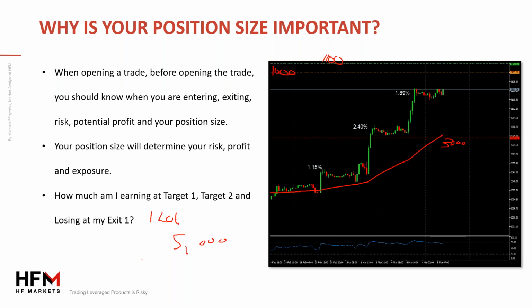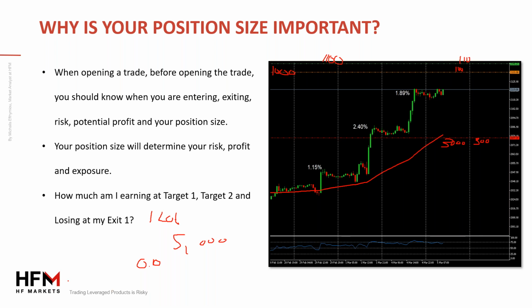So for example, I may open a smaller position size, we can say a micro position, or a mini position potentially, but just as an example, a position size of 1.10. So instead, I'm earning a profit here of 100, a profit at point number 2 of 110, and at exit number 1, I've got a loss of 300.